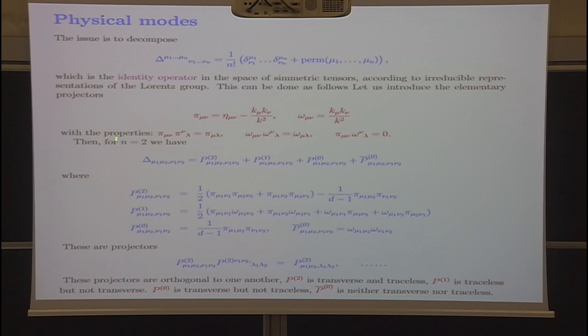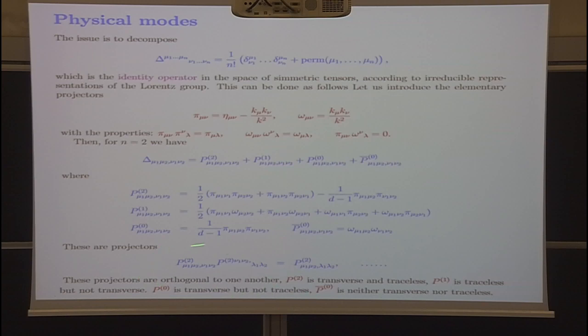Now, in the case n equal 2, which is the first relevant case, you can decompose this into the sum of 4 projectors, which are written explicitly here. This is nothing new, because they were already obtained in the literature a long time ago by Stelle, Veneziano, and other people.